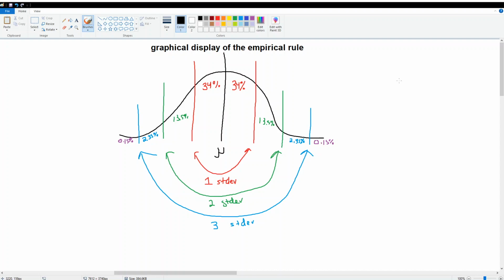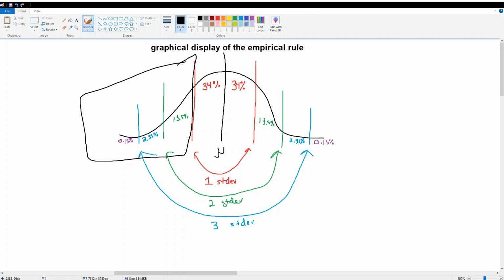Here's why this is more useful than just the straight up definition. If I asked you what percentage of the data points are below 1 standard deviation below the mean, you might not be able to tell that directly from the empirical rule itself. But now that you have this display, you know that all of this is below 1 standard deviation below the mean.